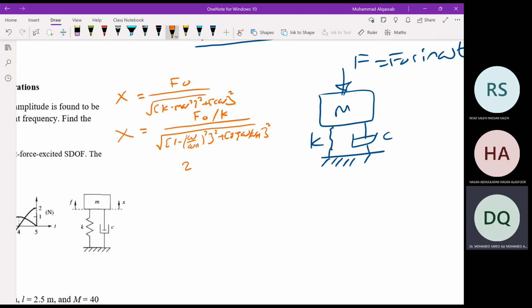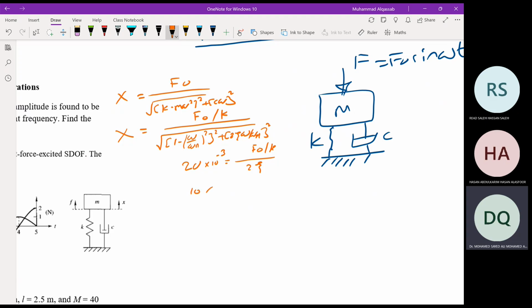The first one is 20 times 10 to the power minus 3 equal to F naught over k over 2 zeta. This is at resonance, because when omega over omega n equal to 1, this reduces to F naught over k over 2 zeta.